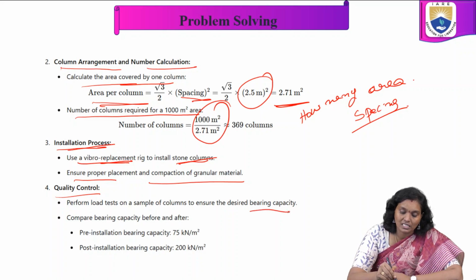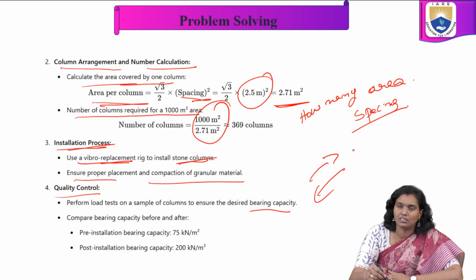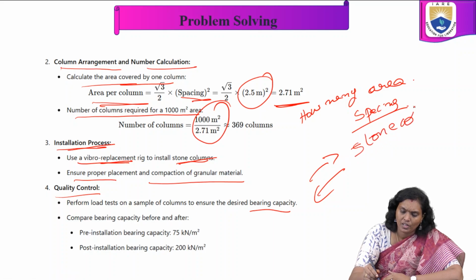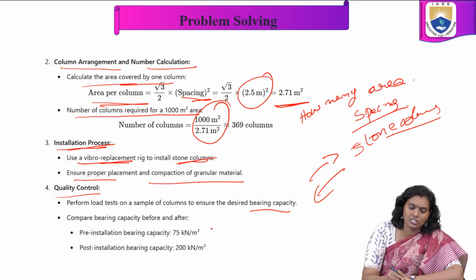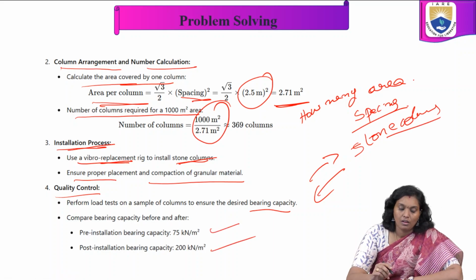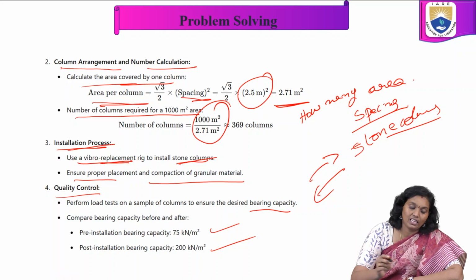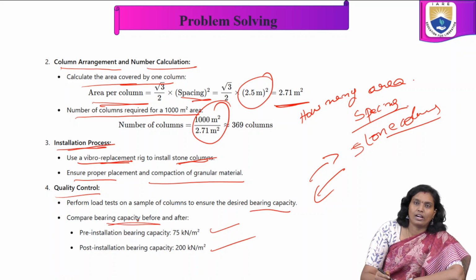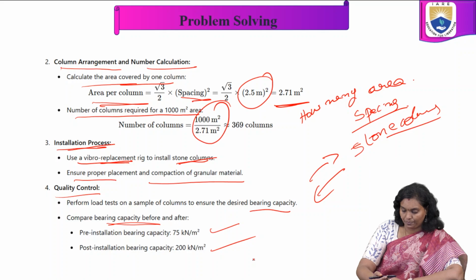So once we conduct these tests before and after the application of the stone column technology, we understand how much variation in the bearing capacity we observe. We conduct the bearing capacity test before and after, and we compare those two.